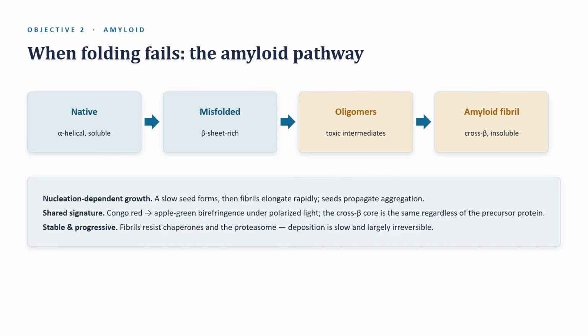First, this is nucleation dependent. A slow seed forms and then growth is rapid, and those seeds can propagate. Second, every amyloid, no matter which protein it came from, shares that cross-beta core, which is why they all bind Congo red and show apple green birefringence under polarized light.